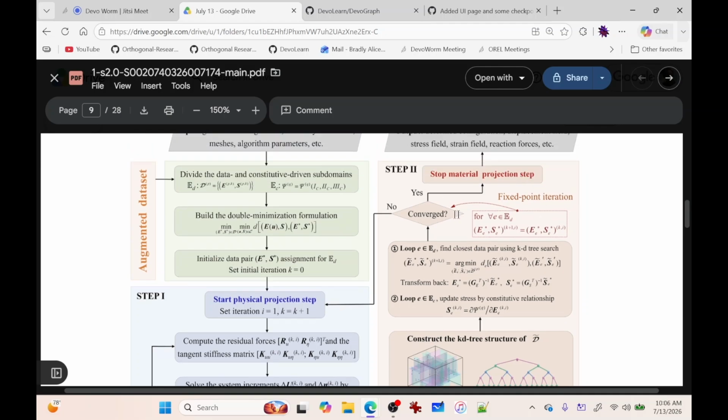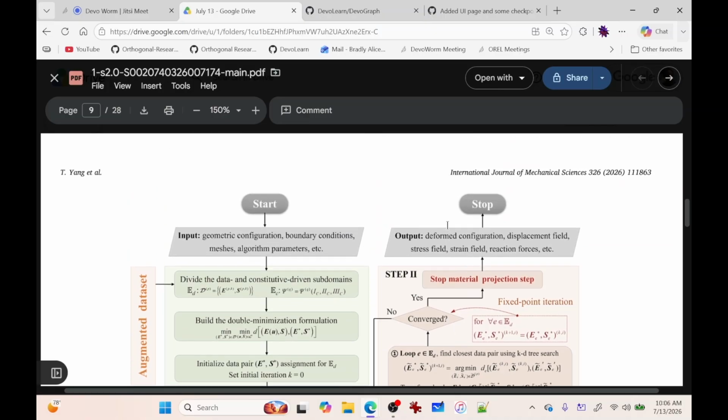Upon the convergence, we apply the fixed point iteration, and then once we truly have convergence, we stop the material projection step, and then we have an output, which is deformed configuration, displacement field, stress field, strain field, reaction forces, etc. So we get a bunch of things as output from this method.